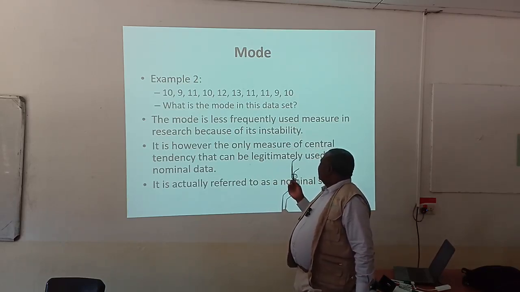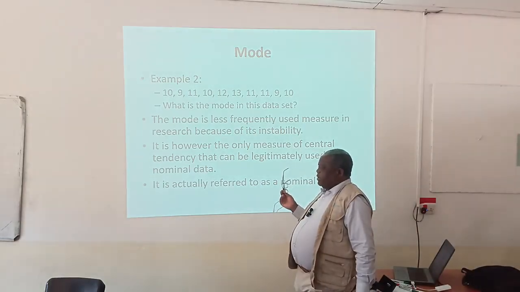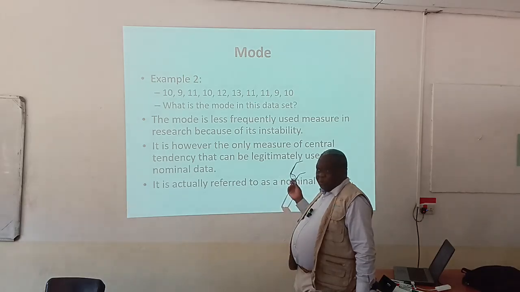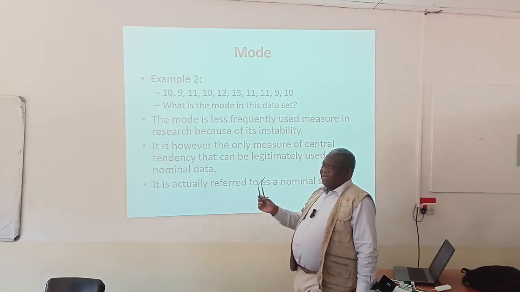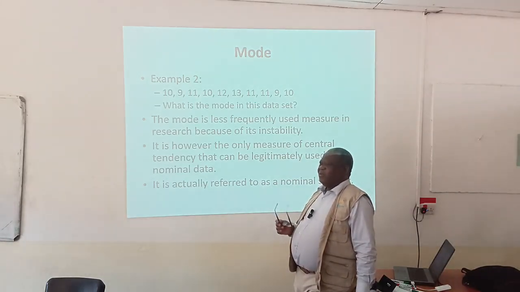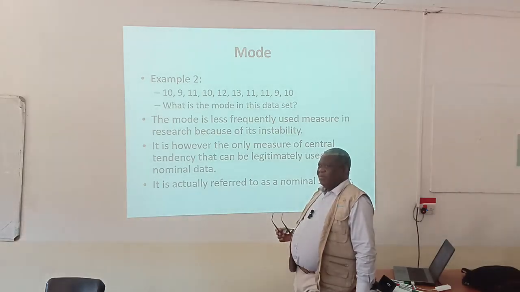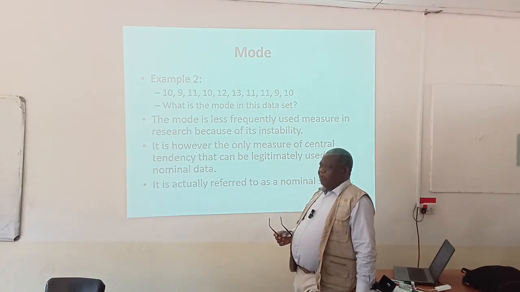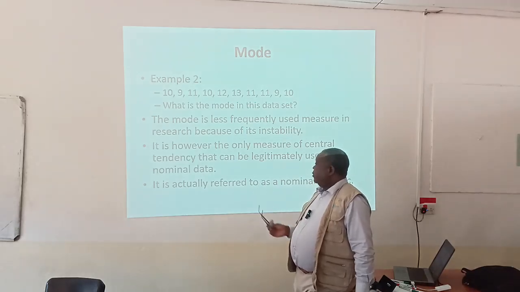But the mode is not as frequently used in statistics because of its instability. We saw that there is also a possibility that in one data set, you could have 2 modes, 3 modes, where you can talk about the bimodal distribution and the like. So if you have 2 modes, which mode do you use to describe your data set?